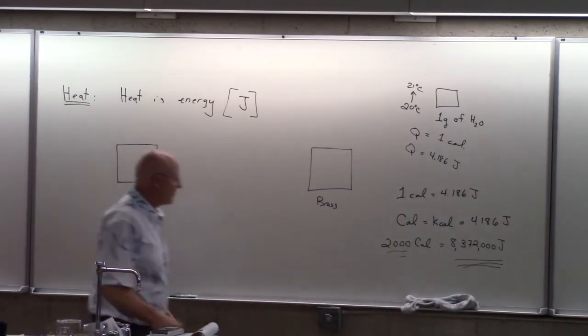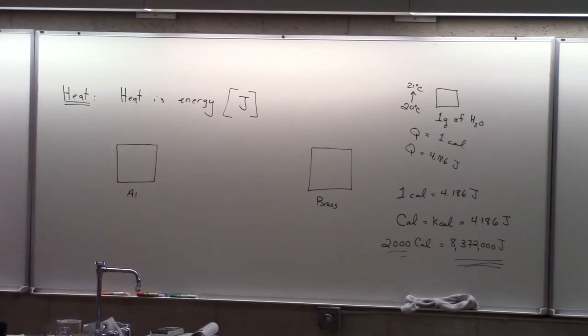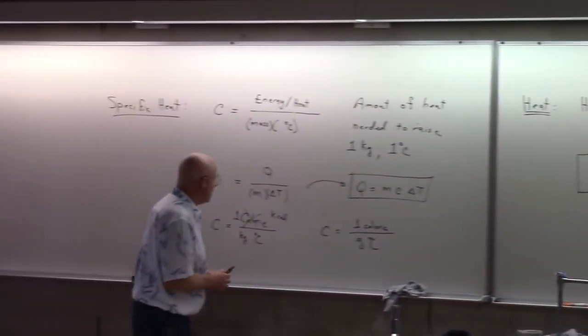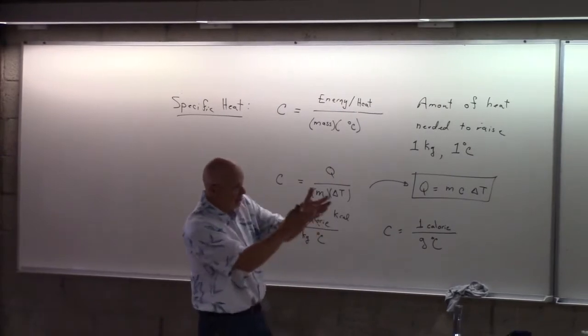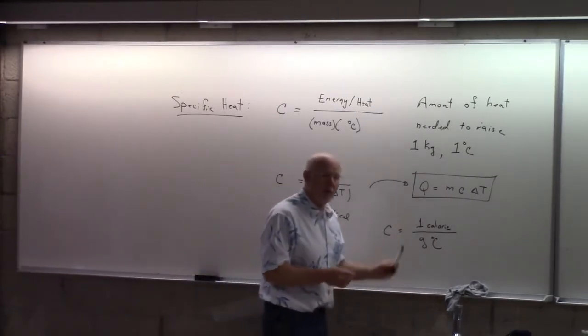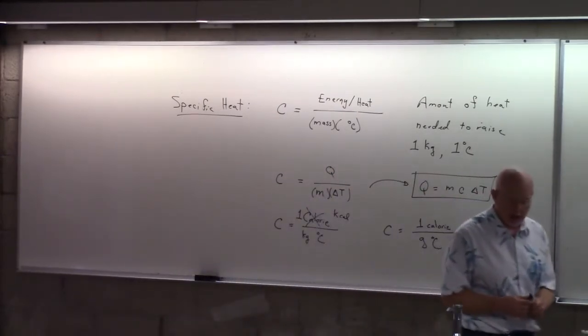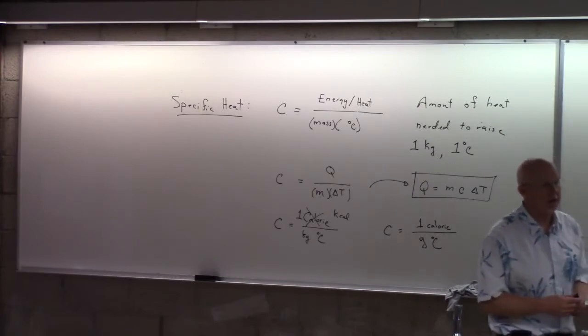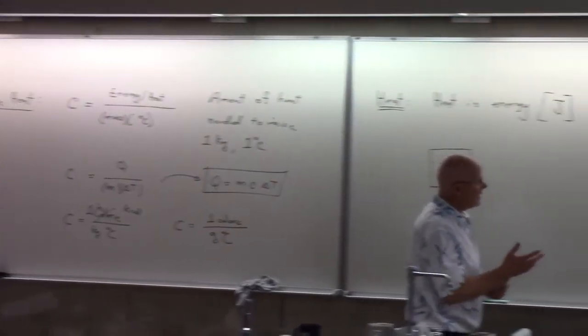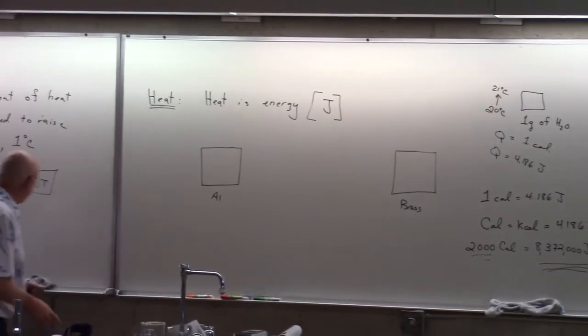Well, I digress from our physics here, but I really just wanted to emphasize not only what specific heat is and how it's different for different materials, but what the definition of a calorie is, because we're going to come across it quite a bit. And this leads to our first and very useful formula.